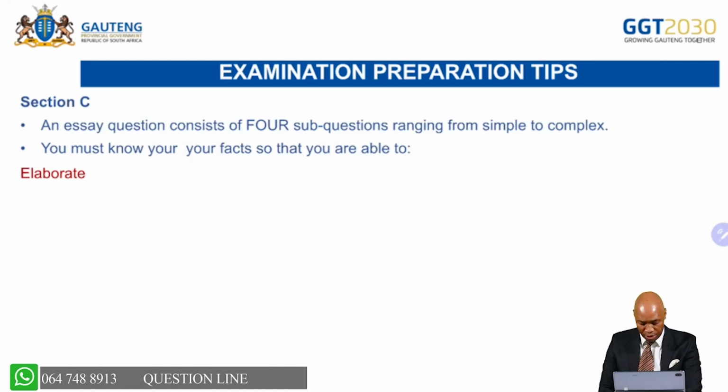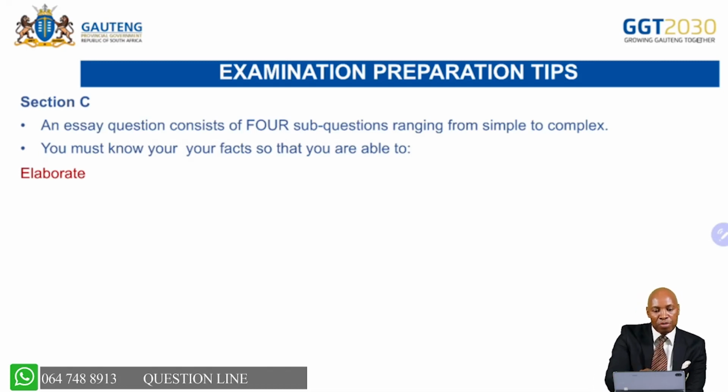So as you prepare yourself along those lines, let's look at the instruction on section C. An essay question consists of 4 sub-questions, ranging from simple to complex, like outline, describe, discuss, advise, recommend.